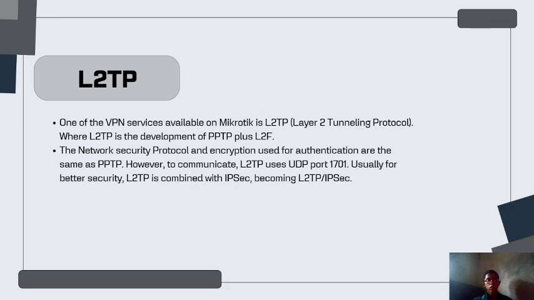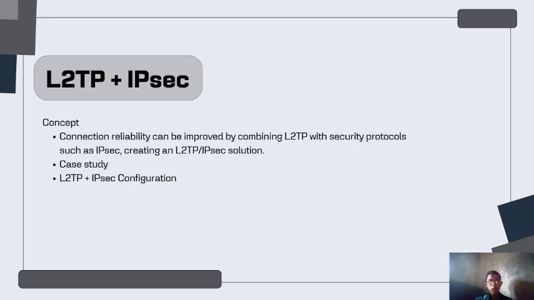Usually for better security, L2TP is combined with IP security, becoming L2TP IP security. The concept is that connection reliability can be improved by combining L2TP with security protocols such as IP security, creating an L2TP IP security solution.